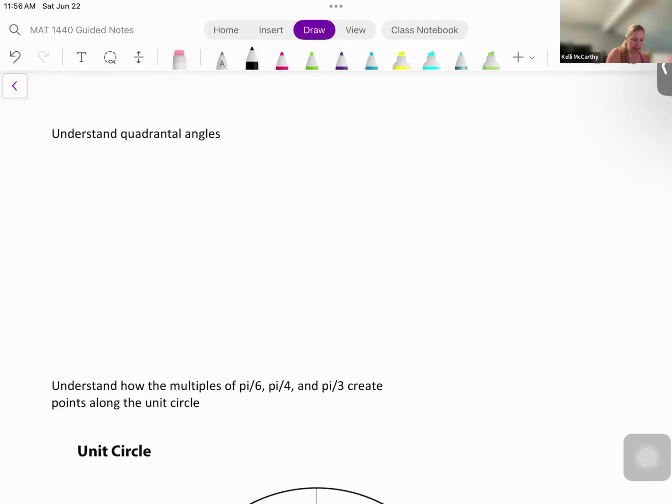Understanding our quadrantal angles, we kind of already talked about this, but our positive x-axis is 0 radians or 0 degrees. And that ordered pair is 1, 0. Our positive y-axis is 90 degrees or pi over 2 radians.